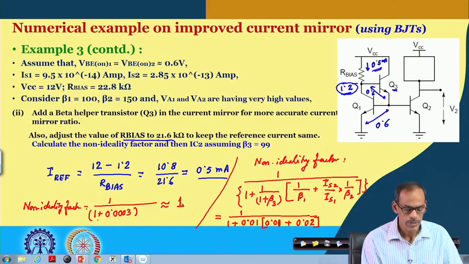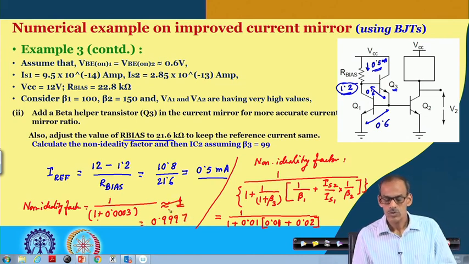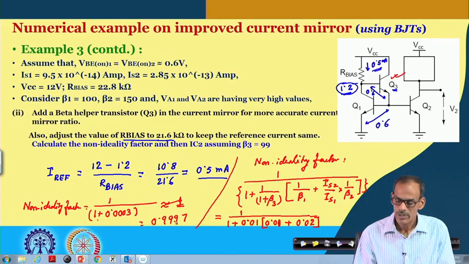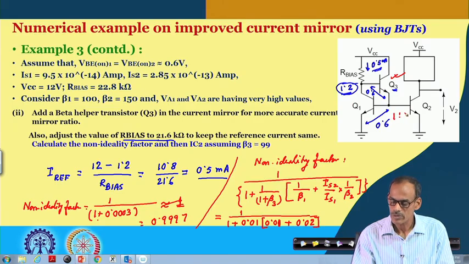In fact, it is 1.0003, and the reciprocal is 0.9997. That is how this beta helper helps us maintain this ratio. It is very close to 1:3.